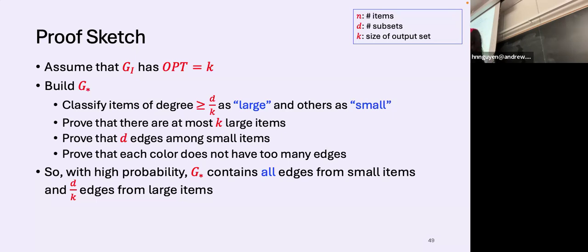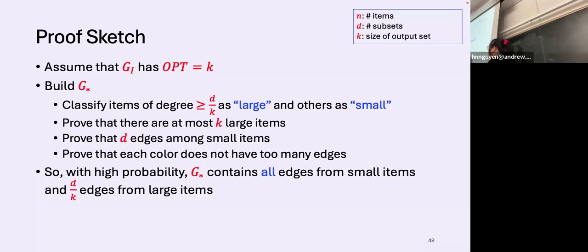So first, does everyone agree that if this statement is correct, then I have formed G star? Okay. Any questions? All right. So really all I'm saying is I have an upper bound on my large items, and I have an upper bound on the edges between the small items.